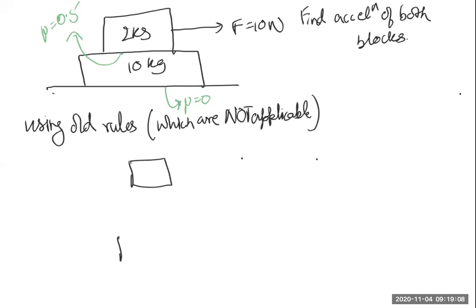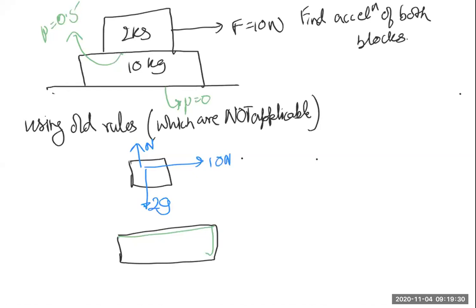So if you use the old rules, then when you draw the free body diagram of the 2 kg block, you get 2g, you get normal reaction N, and you get a force of 10 Newton. And then you say that look, the value of F applied that I see for the 2 kg block is equal to 10 Newton. Right?